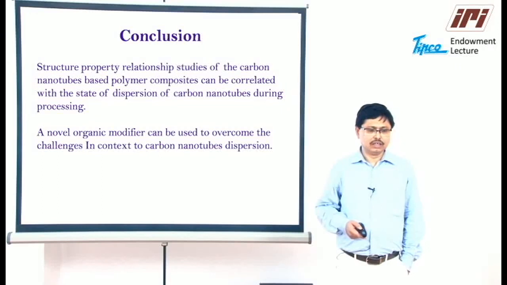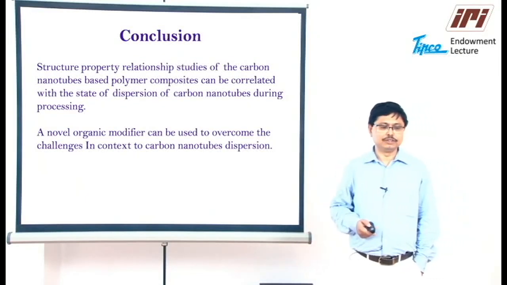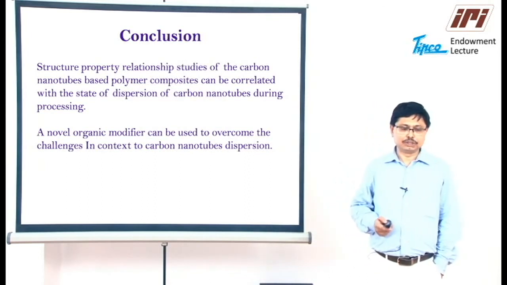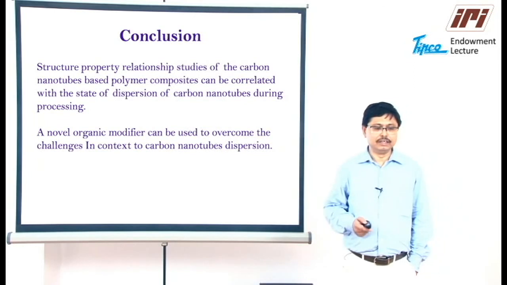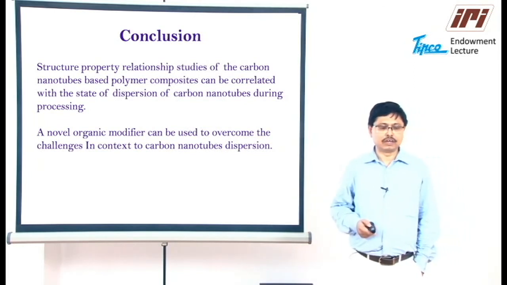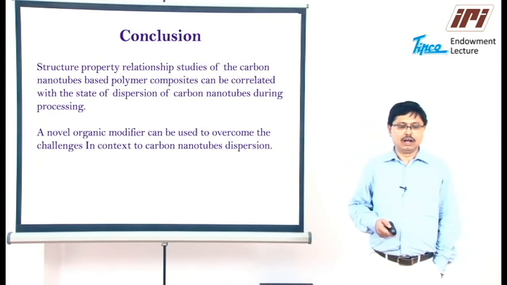In conclusion, I would say that structure property relationship studies of carbon nanotube based polymer composites can be correlated with the state of dispersion of carbon nanotubes during processing. A novel organic modifier can be used to overcome the challenges in carbon nanotube dispersion.